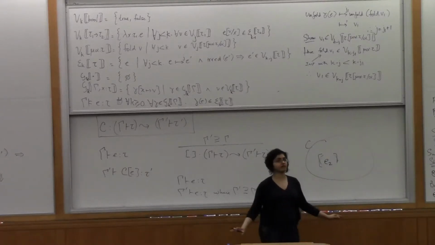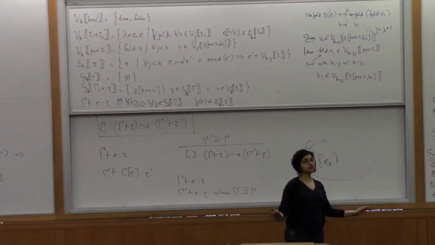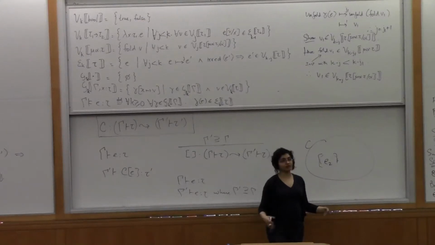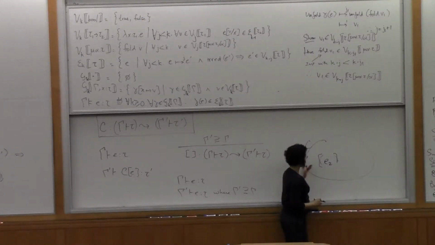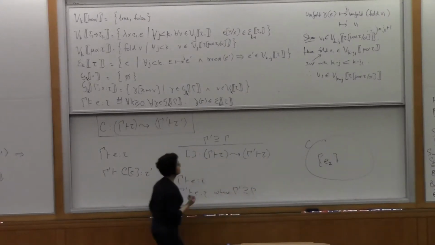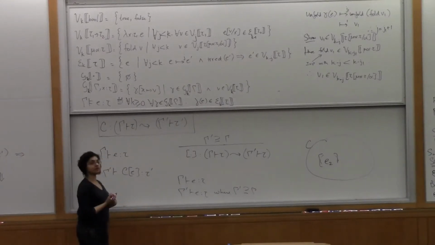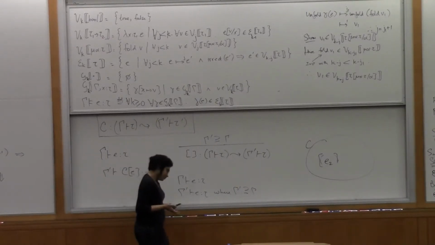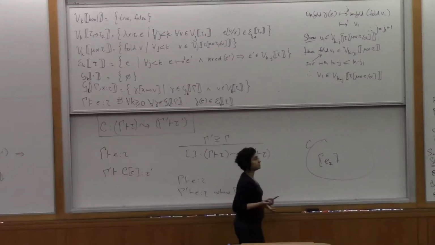I'm still going to get exactly the same answers, etc. Okay? All right. So that's what the definition of contextual equivalence is buying you. It's saying that if you can show me that E1 is contextually equivalent to E2, then you're good.